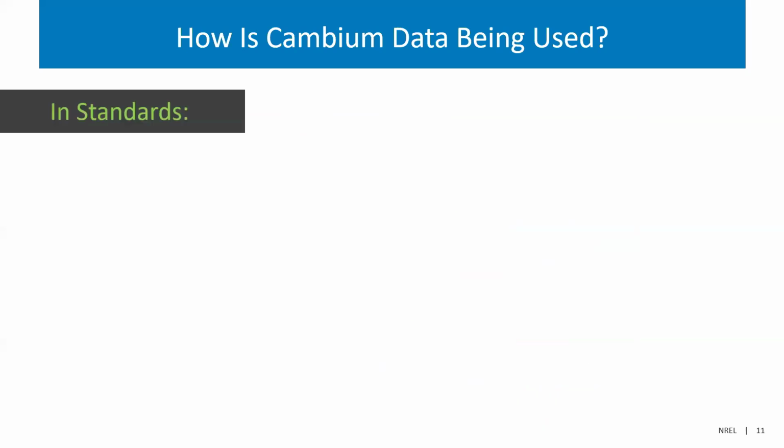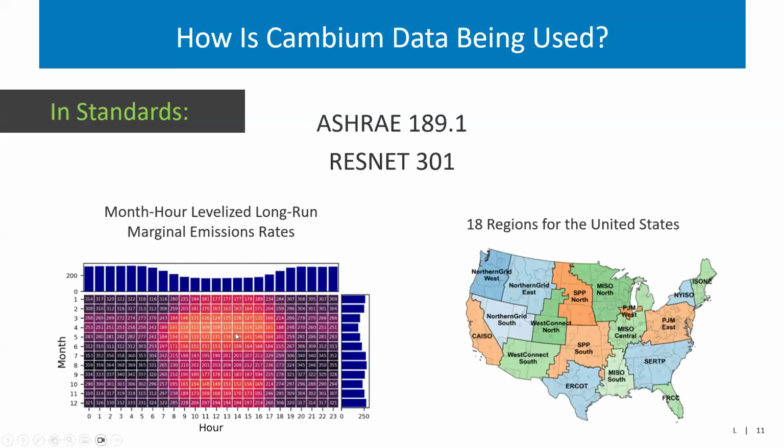It's not only research. There's also a handful of different standard setting bodies that have adopted the Cambium data. Probably the most prominent ones are ASHRAE 189.1 and ResNet 301. Both have adopted the long-run marginal emission rates within their data sets. This is where we have hourly data, but for a variety of reasons they are using the month-hourly aggregations of the long-run marginal emission rates at these 18 different regions.